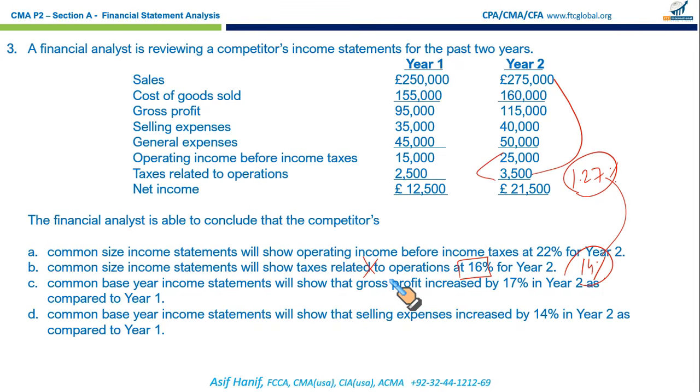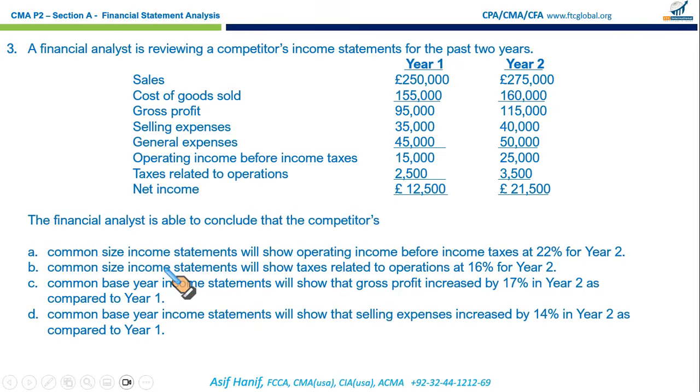What about C? The common base year income statement will show that the gross profit increased by 17% in year 2 as compared to year 1. Which means this is your gross profit last year, this is your gross profit this year. So 115 versus 95,000.